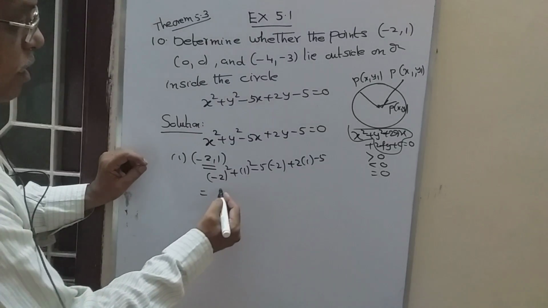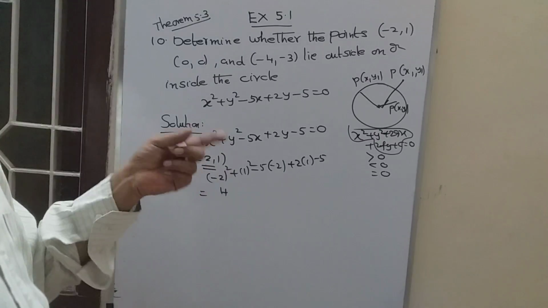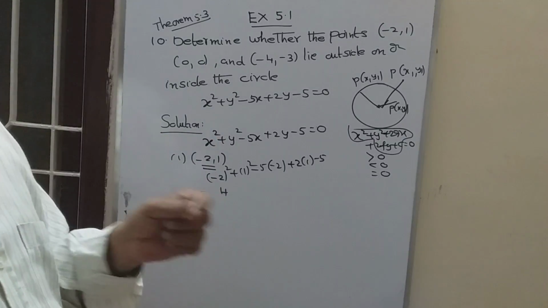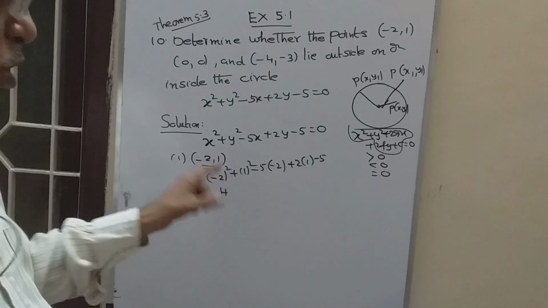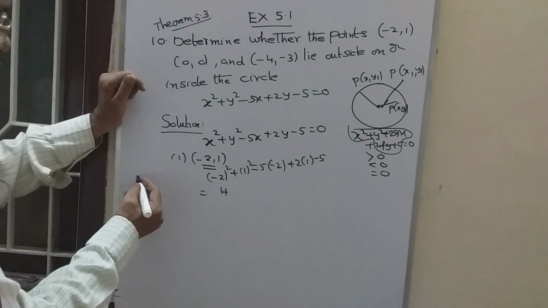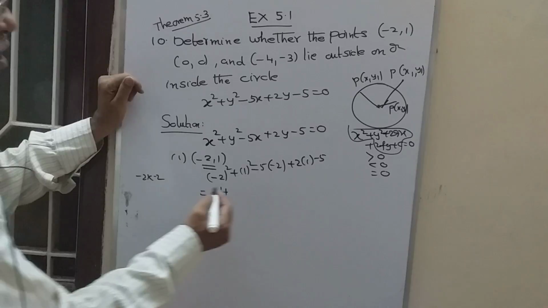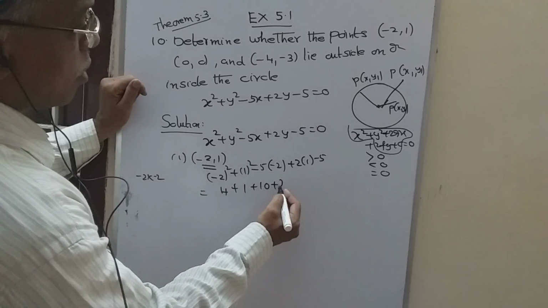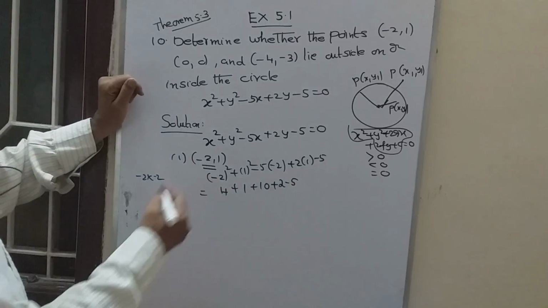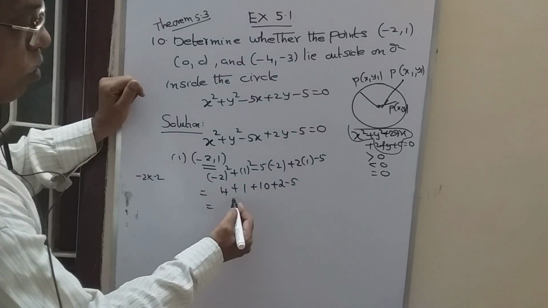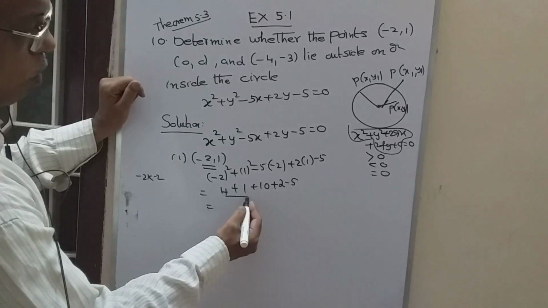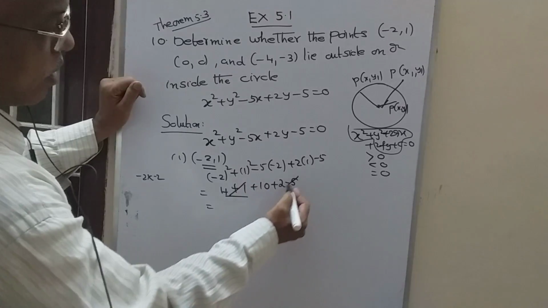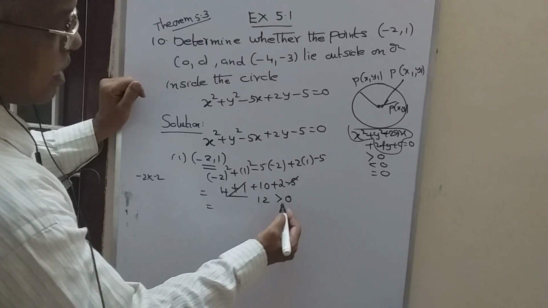So what is the answer? 4, because minus 2 the whole square. Minus into minus, it is not 2 into minus 2. Minus 5 times minus 2, plus 10, plus 2, minus 5. So that is equal to 4 plus 1, 5, plus 10, 15, plus 2, 17, minus 5, 12. 12 is greater than 0.